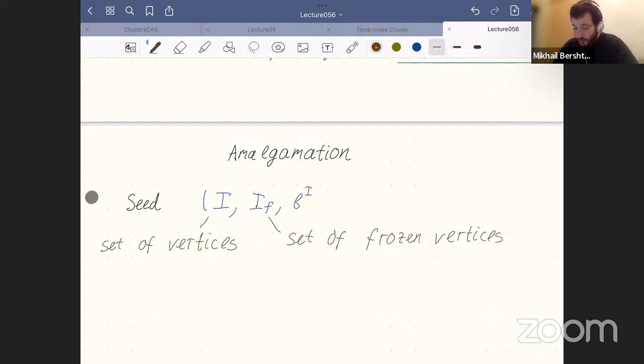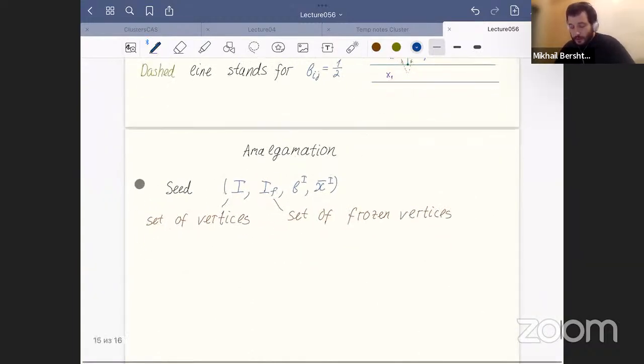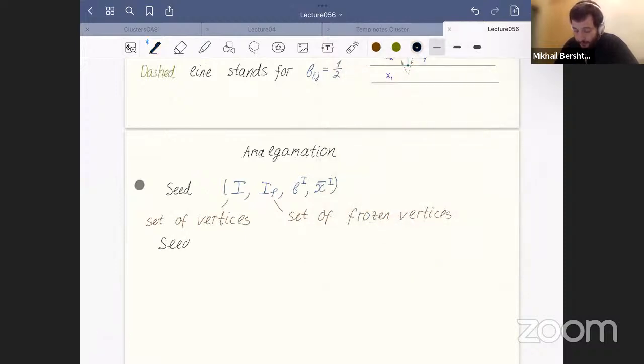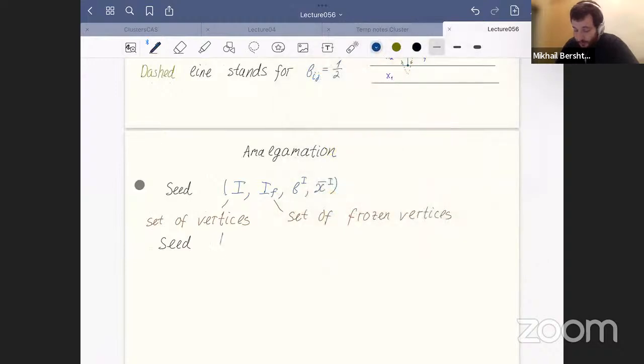And maybe let me also write down X for the set of variables, x_i. Assume that we have one more seed, 2. Now the set of vertices will be J, the set of frozen vertices will be G_F, the incidence matrix will be B_J, and we have some variables x_j.